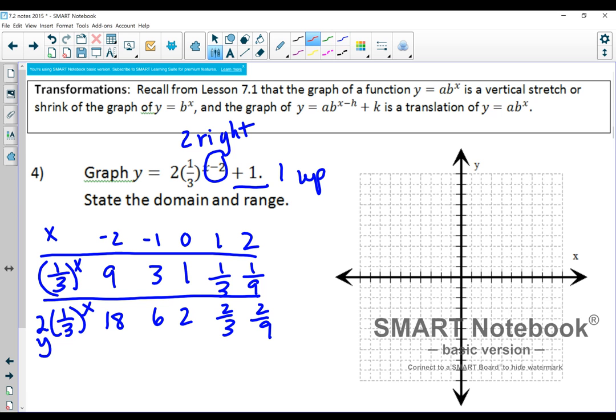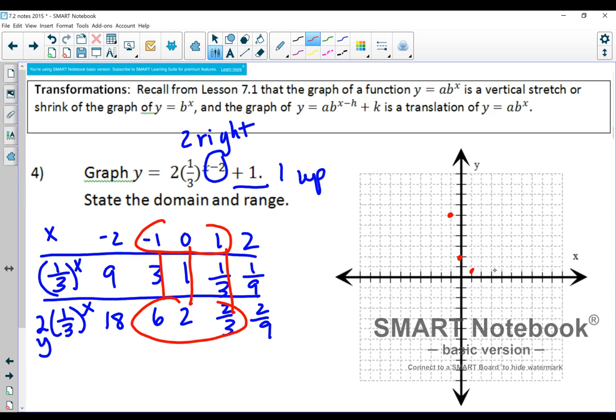And then really, I'm only able to fit on my graph probably these points, right? So -1 is 6, 0 is 2, 1 is 2/3. I'm just trying to make really clear what I'm graphing. But now I have to translate all those points.